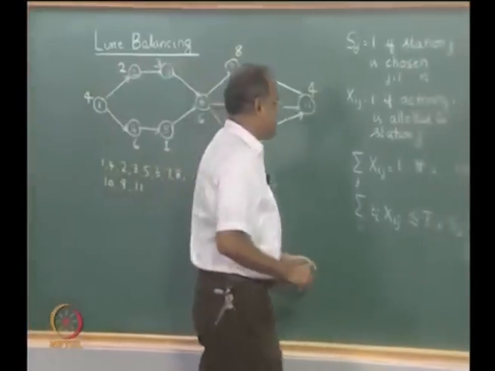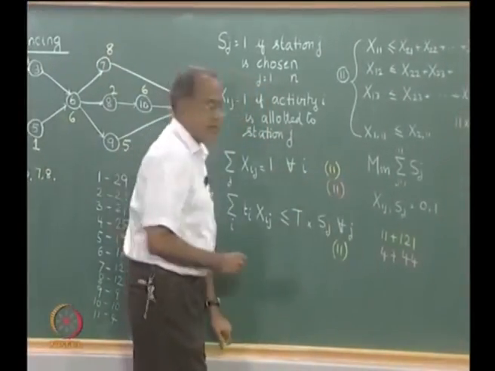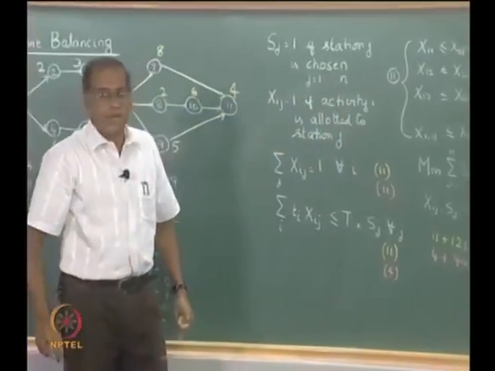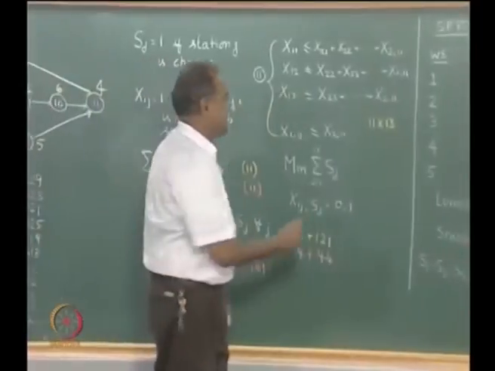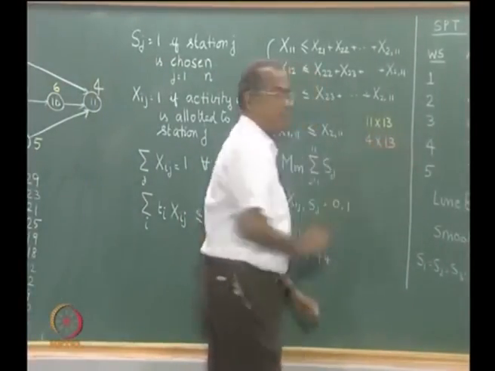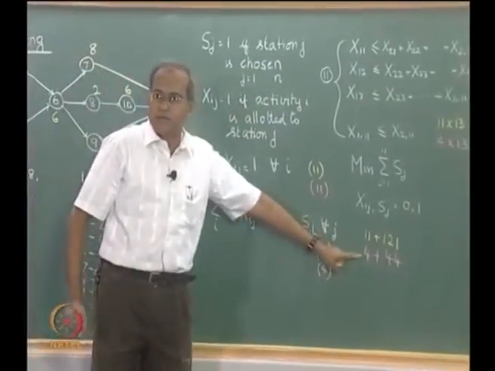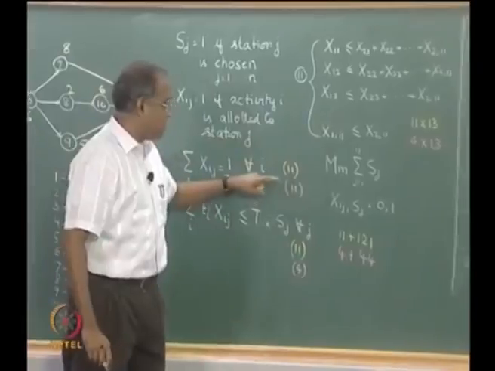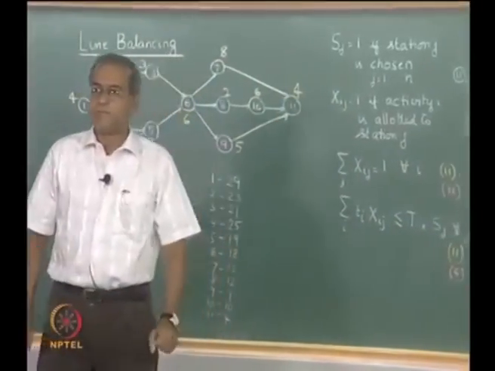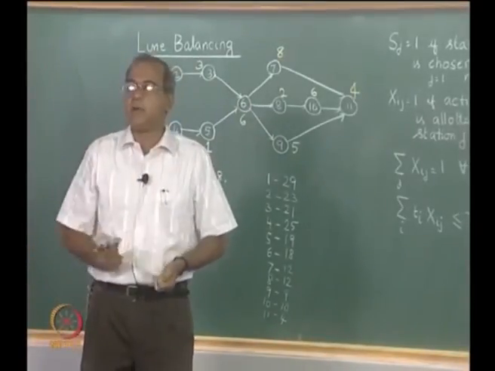Now, the constraints: this will be 11 constraints, this will be only 4 constraints, and here for every precedence relationship there will be only 4 constraints into 13. So, I end up having 48 variables and 52 plus 11 is 63, plus 4 is 67 constraints, and if the optimum solution is 4, it will give me the optimum solution.